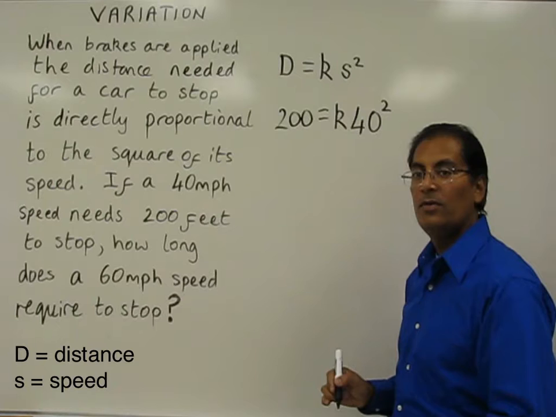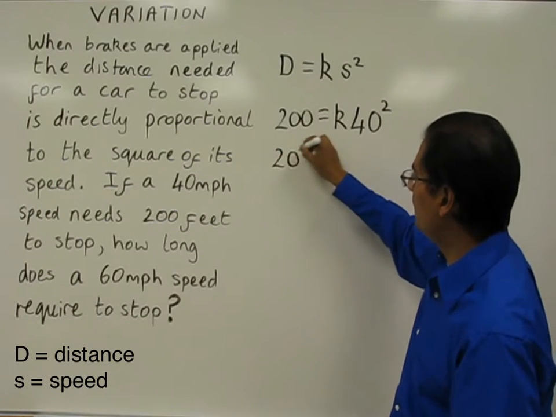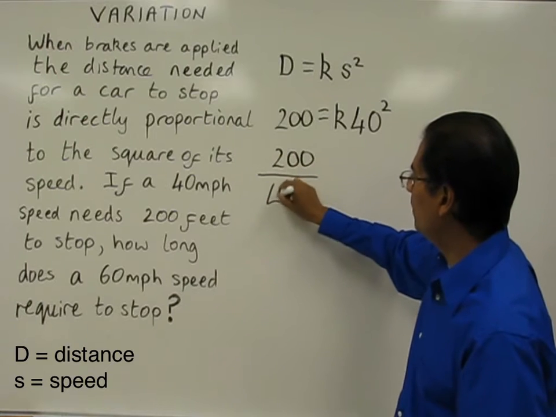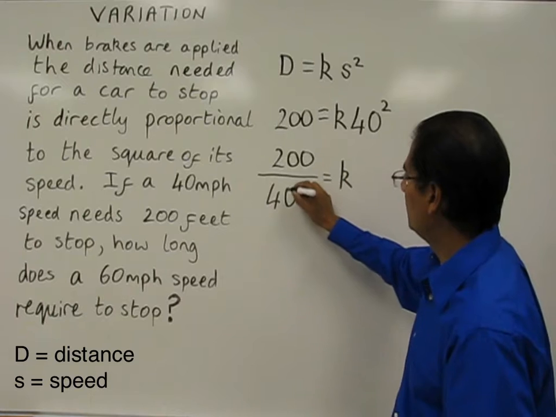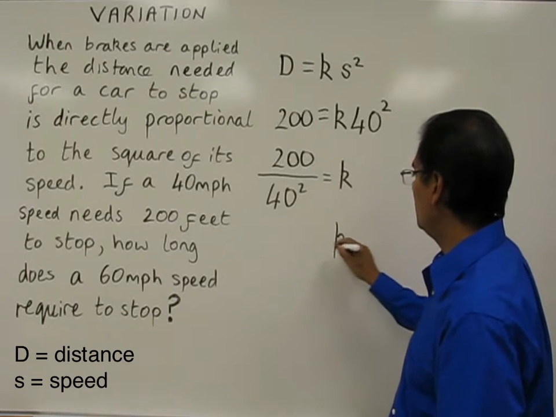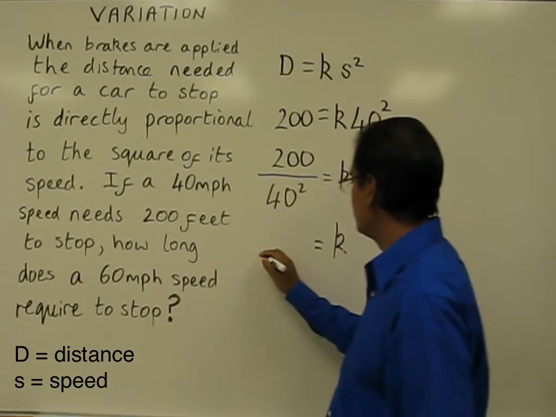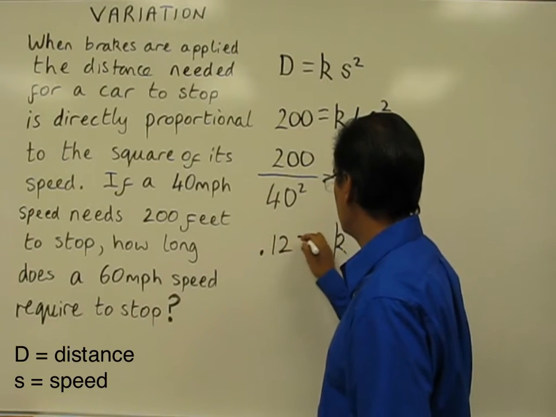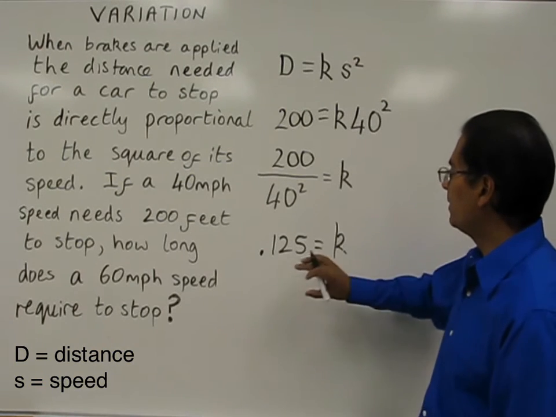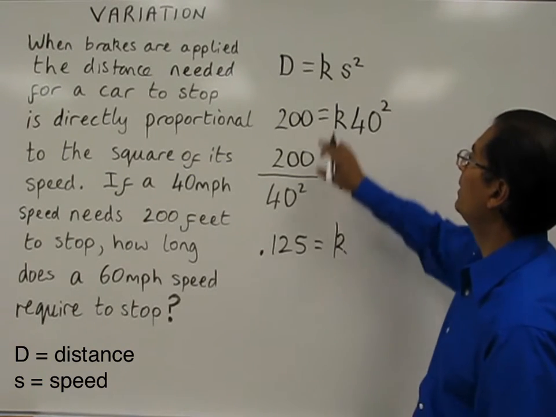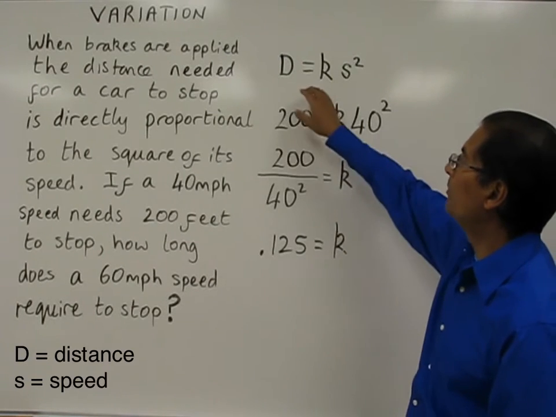We need to solve this equation for k. We divide both sides by 40 squared. So we have 200 divided by 40 squared equals k. And so k is equal to, we do this calculation, 0.125.